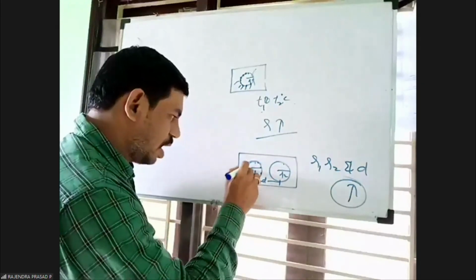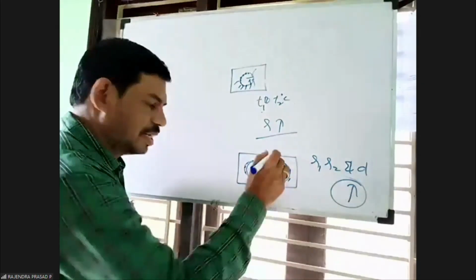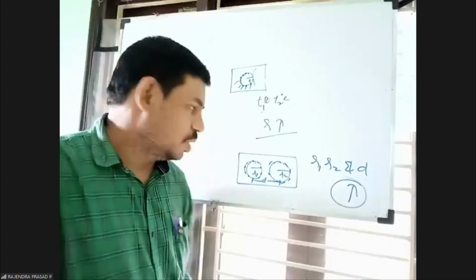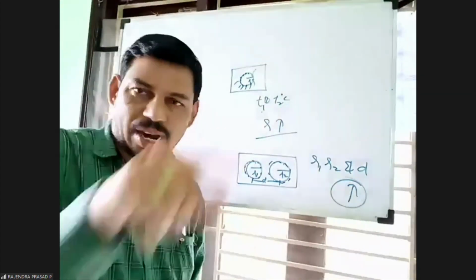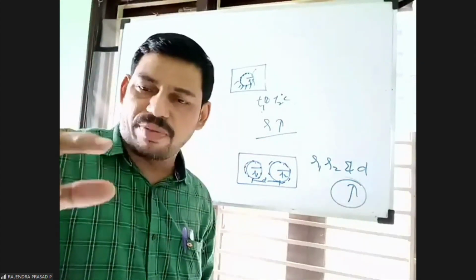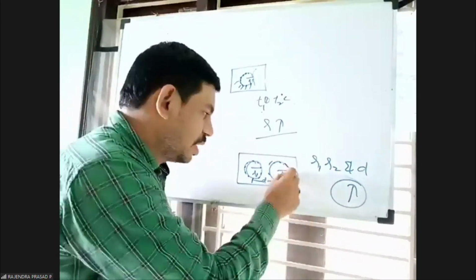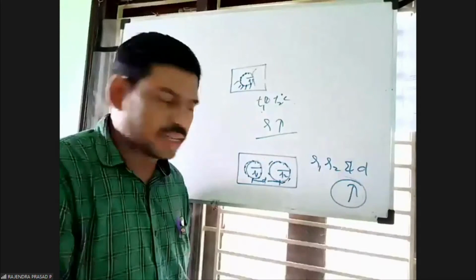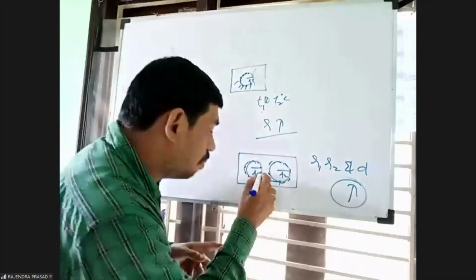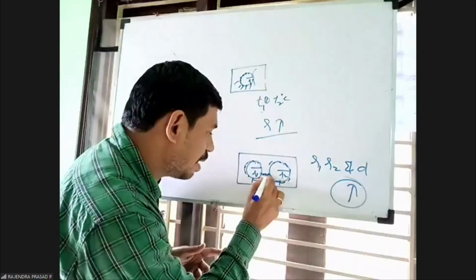How, sir? The same atoms or molecules are present around the hole, and each and every molecule is free to move some distance, so the radius increases.